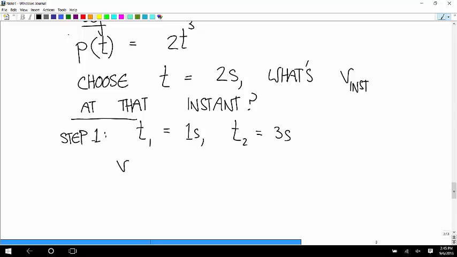So let's say the instantaneous velocity is about equal to, well, the formula for the average velocity is the position at the later time minus the position at the earlier time divided by the elapsed time. So how do we calculate the position at the later time? We can just plug it in, yeah. So plug 3 in for t, and you get 27 times 2, so 54.